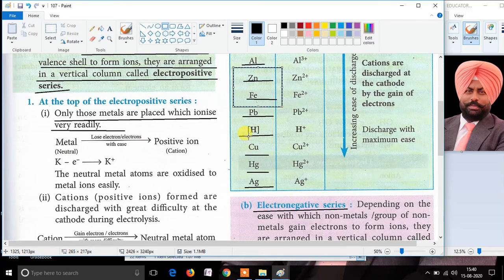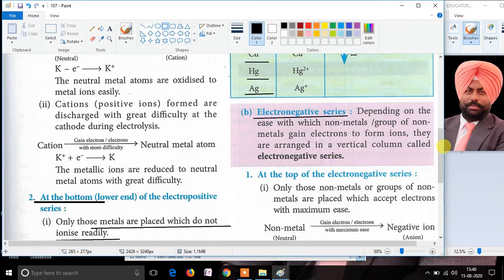Moving on further, the next series is electronegative series, and this is a series which has non-metals in it, and in this series all the non-metals are arranged according to their increasing reactivity.